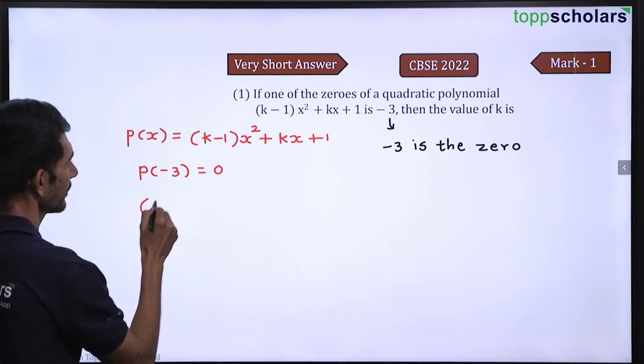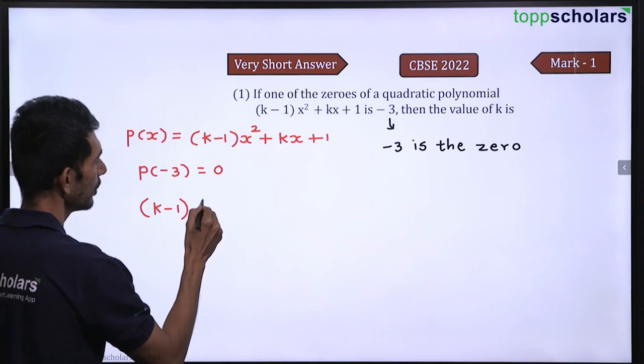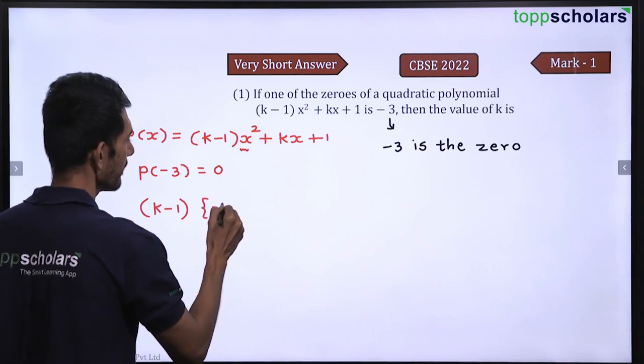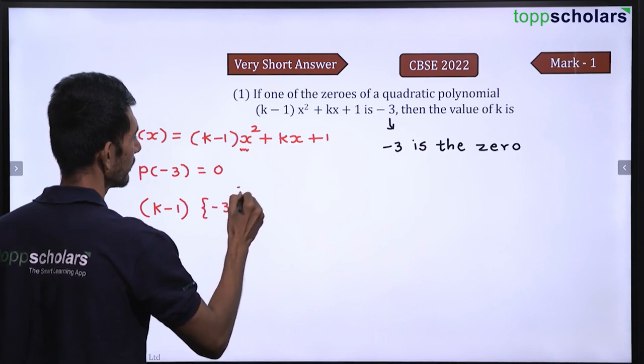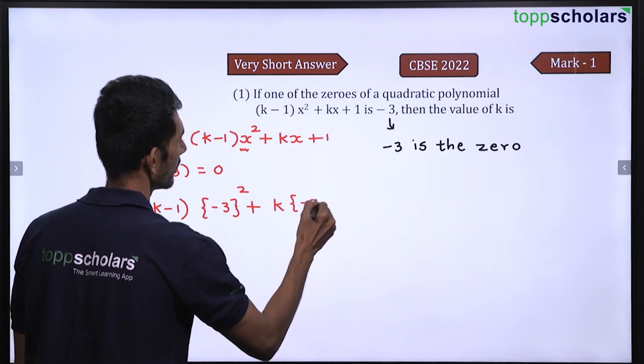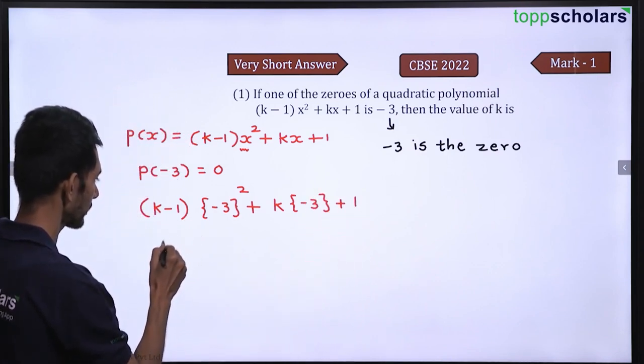So can I say (k minus 1) into, instead of x, put minus 3. (K minus 1) into (minus 3) the whole square, plus k into minus 3 plus 1.